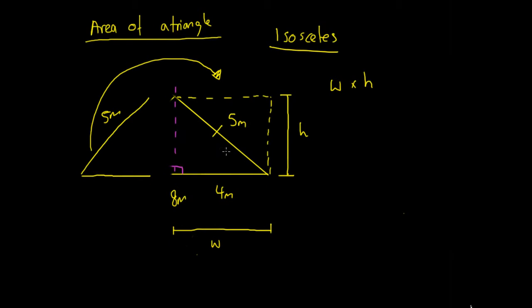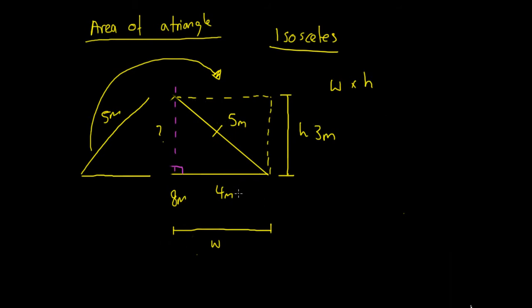But for this triangle, we don't actually know what the height is. We know the base and we know this diagonal here, but not the height. So we can use Pythagoras to work out the height, and I've already done that for us. The height is 3 meters, this bottom is 4 meters, and this side here is 5 meters.